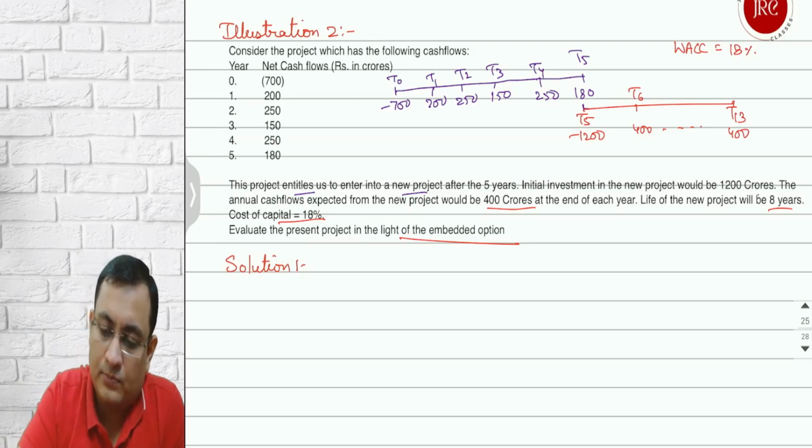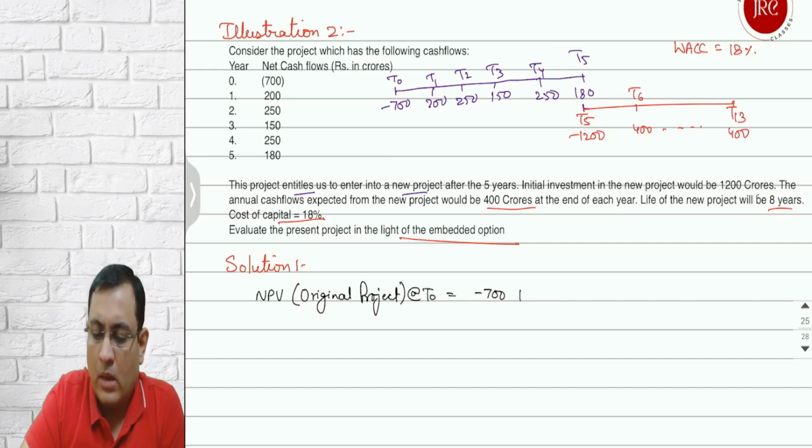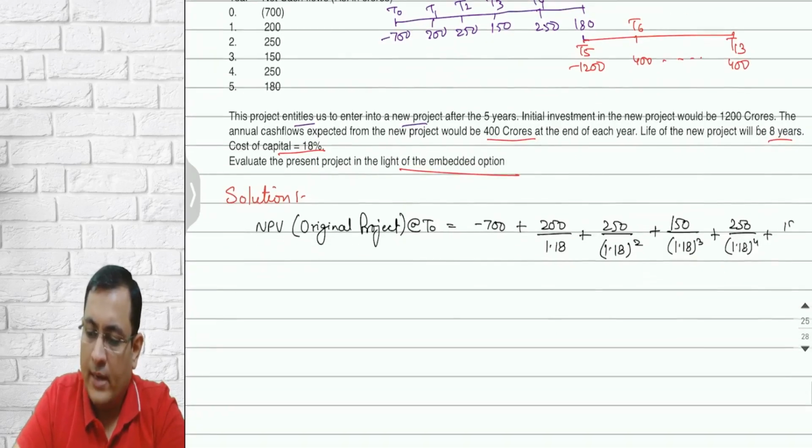NPV of the original project at T0 will be equal to negative 700 plus 200 over 1.18, 250 over 1.18 square, 150 over 1.18 cube, 250 over 1.18 power 4, and last 180 over 1.18 power 5.